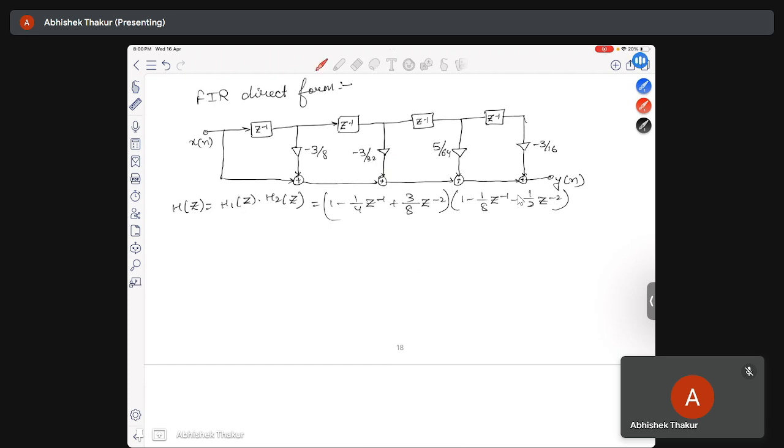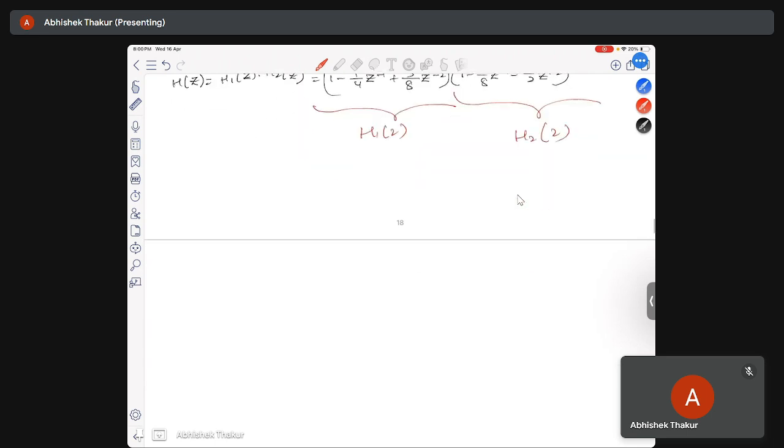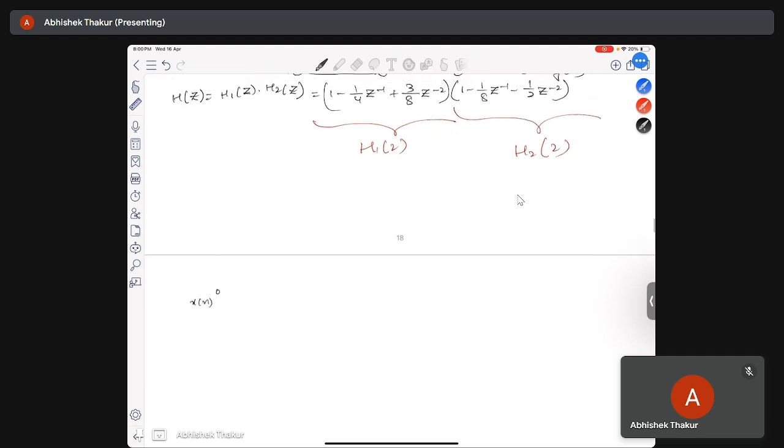So this is our H1(z) and this is our H2(z).